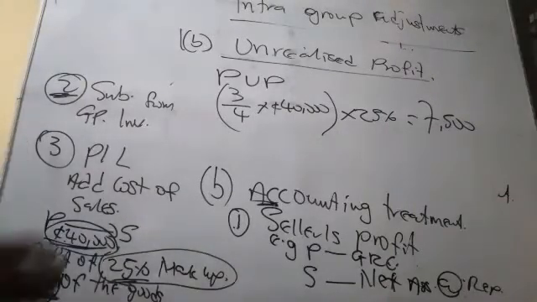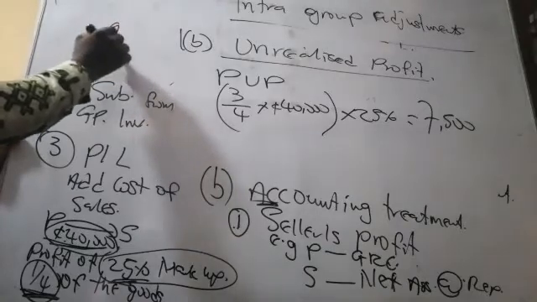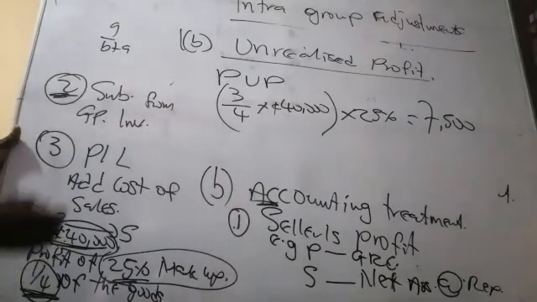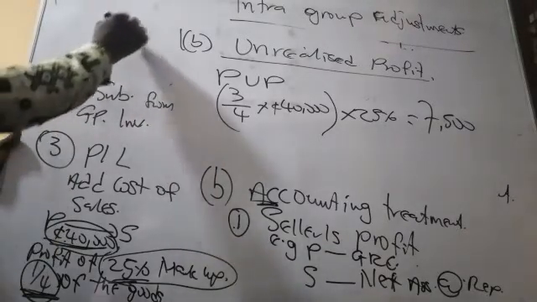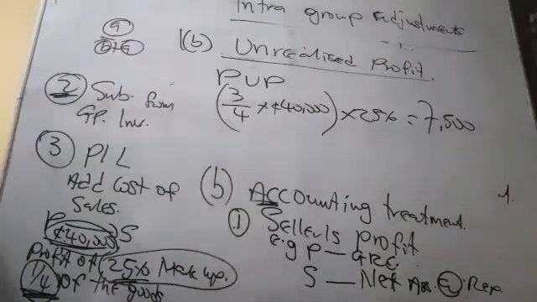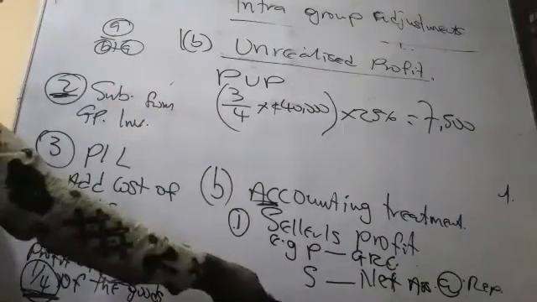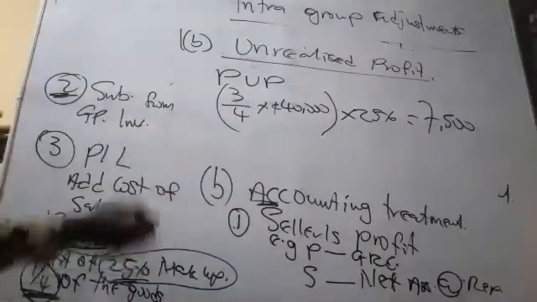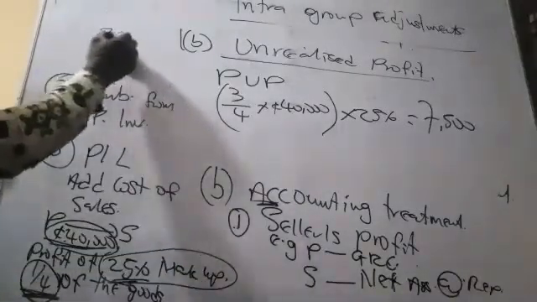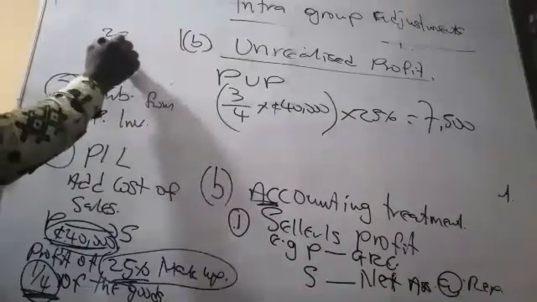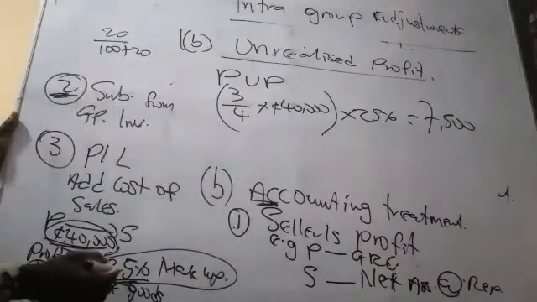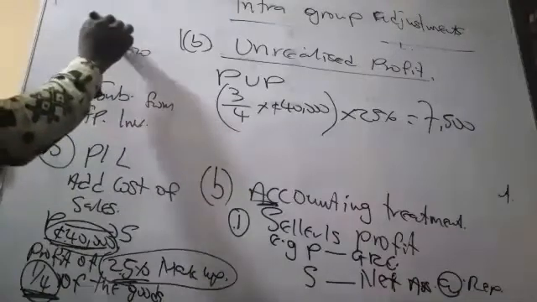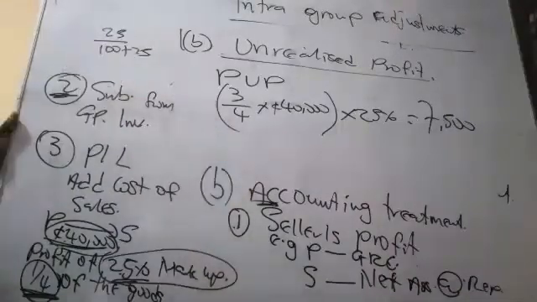I have to gross up. So it's A over B plus A. Just A is the 25 and B is 100%. You don't need to put any formula there. If it's markup, just tell the examiner that it's 20 out of 100 plus 20. Here it's 25, so I'll make it 25 out of 125.